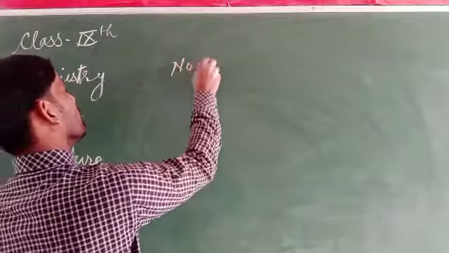So we can say that the atomic number, in the case where a neutral atom is considered, has a number of electrons equal to the number of protons. So in that case, the atomic number is equal to the number of electrons.